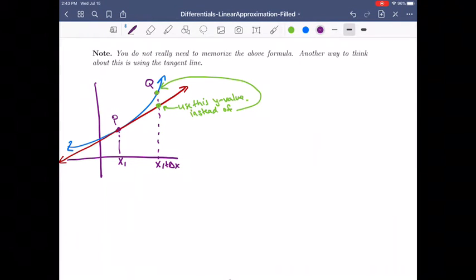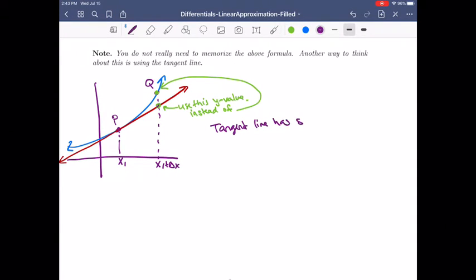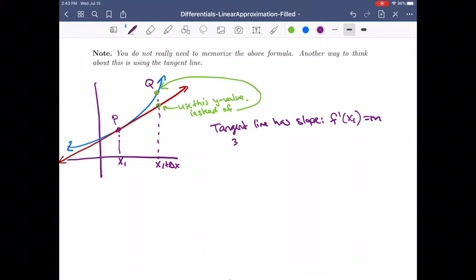Now, how would we find this y value? The tangent line has a slope f prime of x1, so that's our m, and it goes through the point x1, f of x1.